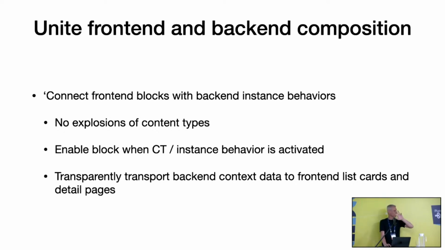You can have this huge matrix where you say, as an integrator, connect these front-end templates to a back-end generalized content type, but with these class behaviors activated, only allow a block to be shown if the class behavior or the instance behavior is activated, and then transparently transport the backend context data to the front-end list cards and detail pages where you need them.